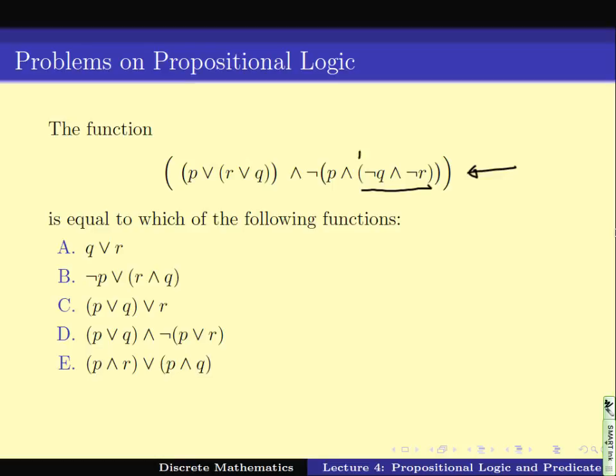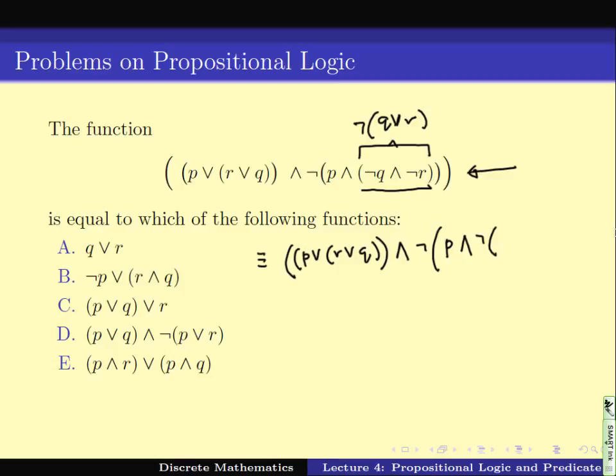So that means not Q and not R will become not of (Q or R). So this whole term is congruent to (P or R or Q) and not of P and not of (Q or R).